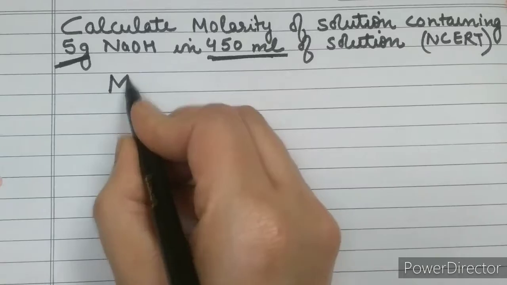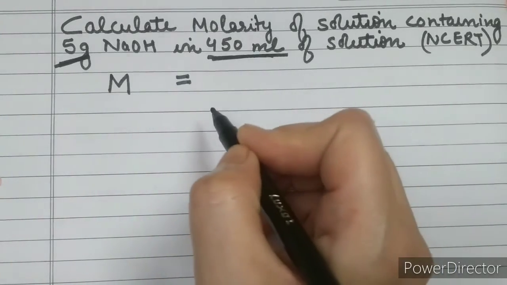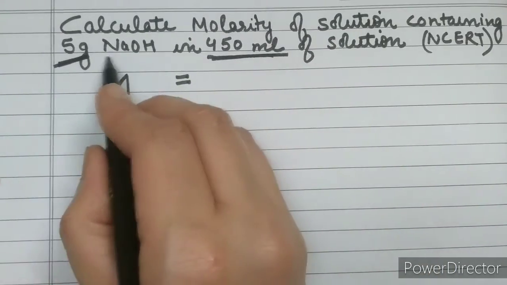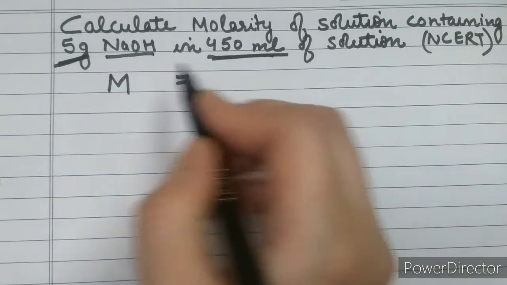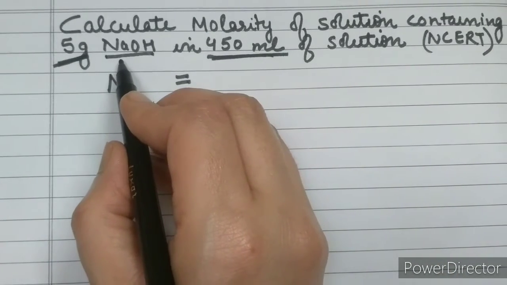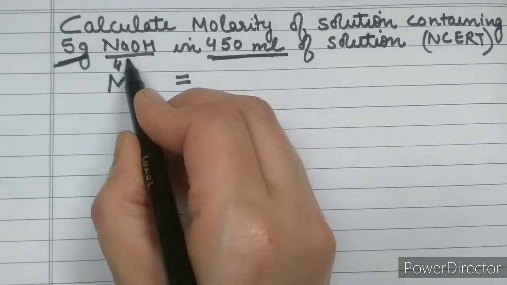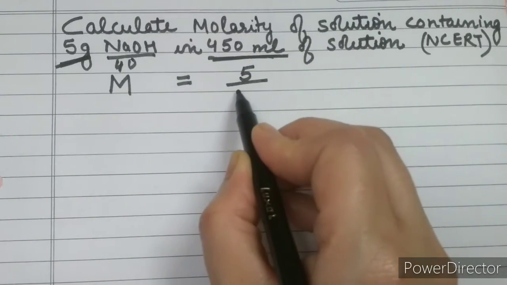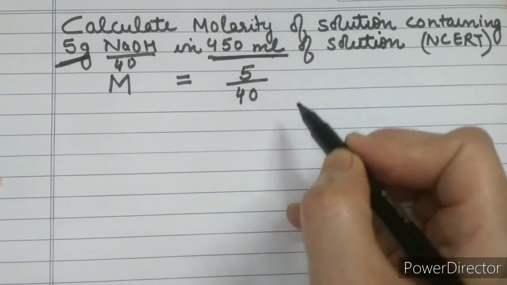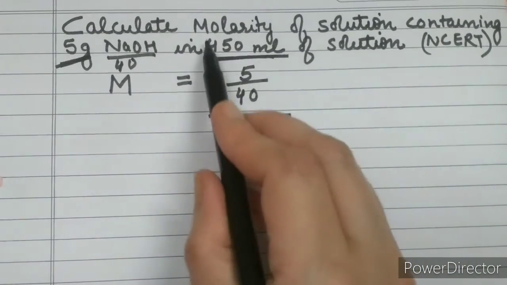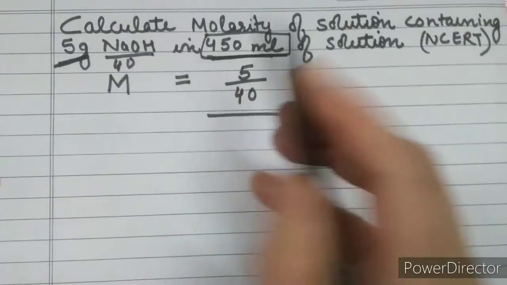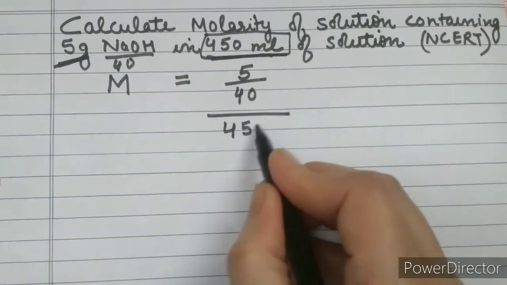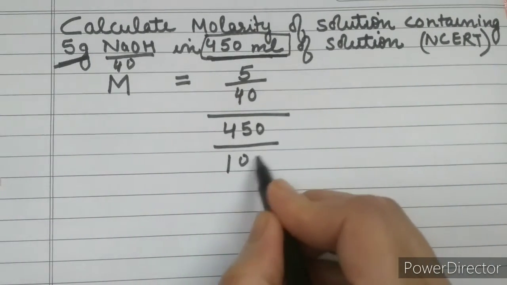According to our formula, molarity is defined as the number of moles of solute, so we'll need the molar mass of solute also. The molar mass of NaOH comes out to be 40. So the mass of solute is 5 divided by the molar mass of NaOH, 40, divided by the volume of solution, 450 ml, but we have to convert it into liters according to our formula.